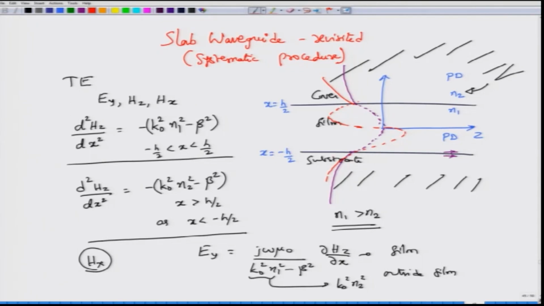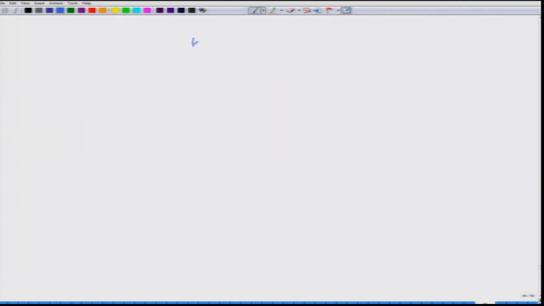Same thing as in the parallel plate waveguide, this would correspond to nu equal to 0, this would correspond to nu equal to 1, but it is not so simple as I am writing it down. Okay. So, we are going to look at why it is not so simple, and the key to this kind of solutions lies in this expression. Okay. I am going to introduce a couple of notations here. I will say kappa f square, which is the transverse wave number, to be defined as k0 square n1 square minus beta square, and I clearly want kappa f to be a positive quantity.